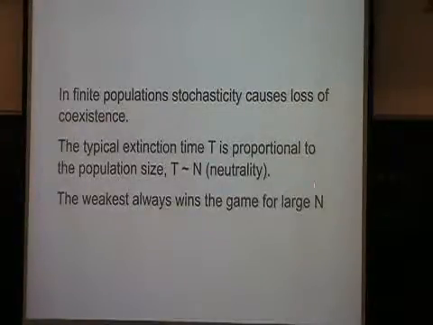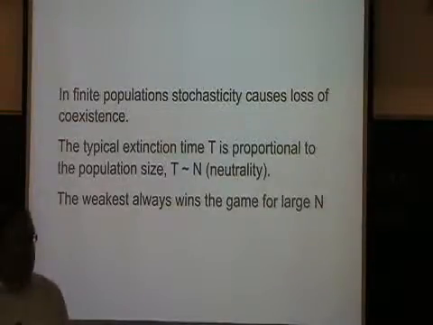And as I just explained, the game is such that the one with the lowest growth rate, which I call the weakest, wins the game, and that's the experimental outcome. So that explains the first part of this experiment, where the resistant strain is the only one surviving this particular game.